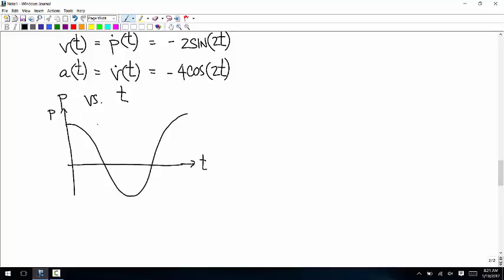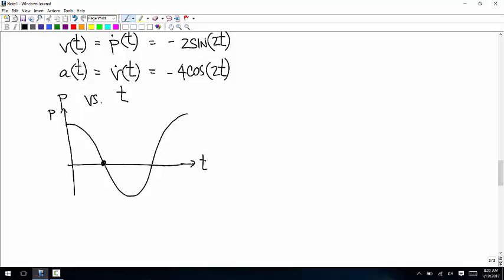We know that for just a regular cosine of x function, this point here is at x equals pi over 2. Well, our argument for our cosine function is 2 times something. So think of what t has to be for 2t to be equal to pi over 2.